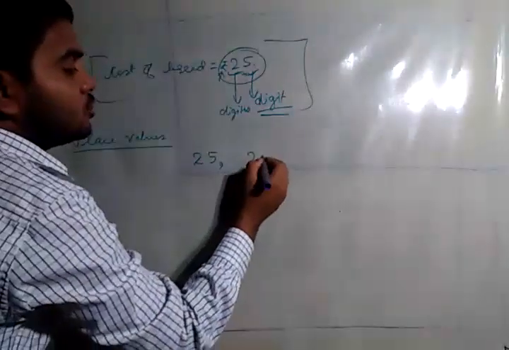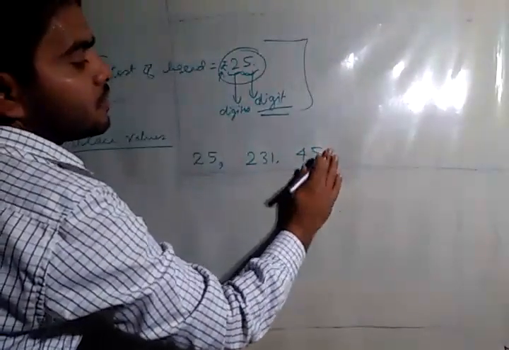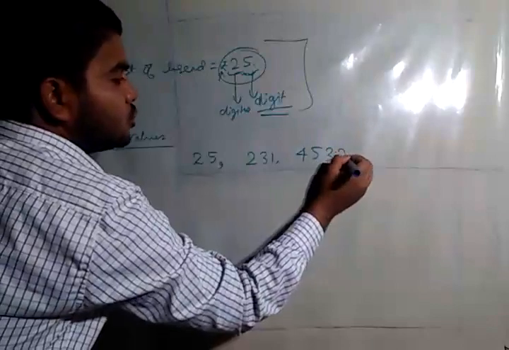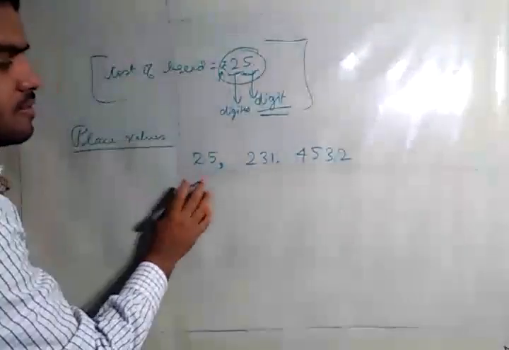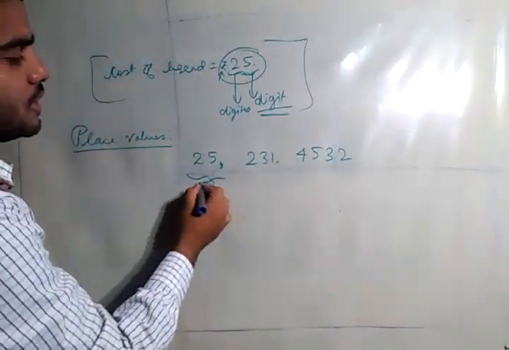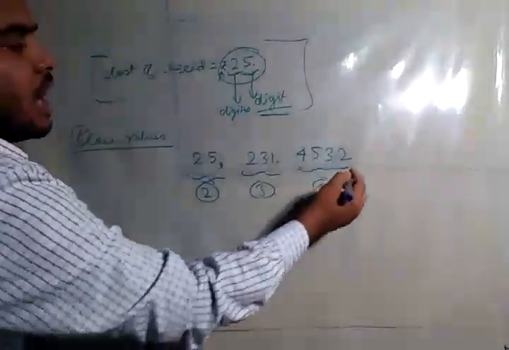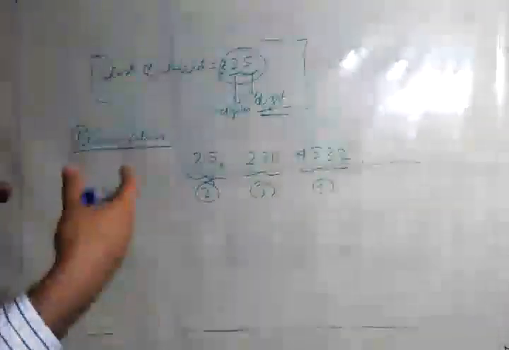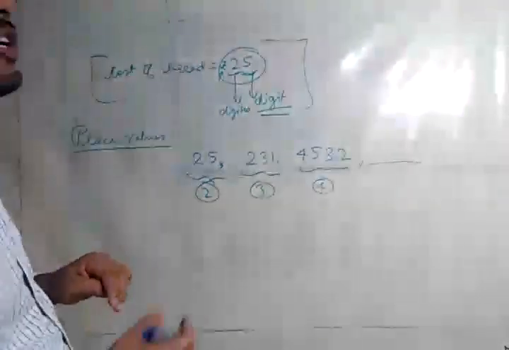Then if I write 231, if I write 453, 4532, all these numbers have digits. This one has 2 digits, here you have 3 digits, here you have 4 digits, and then you can have 5 digits, 6 digits, 7 digits, n number of digits. It can go up to infinity.